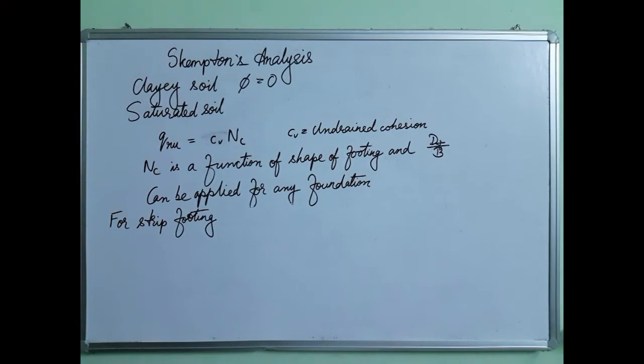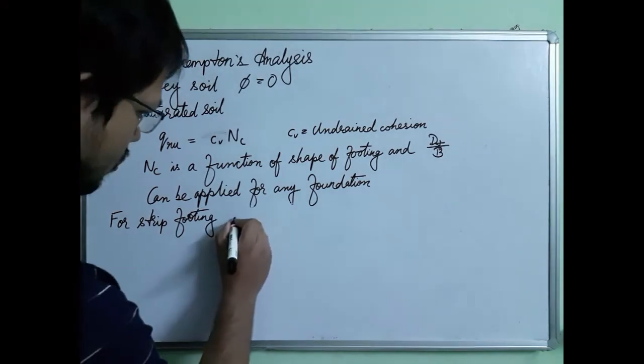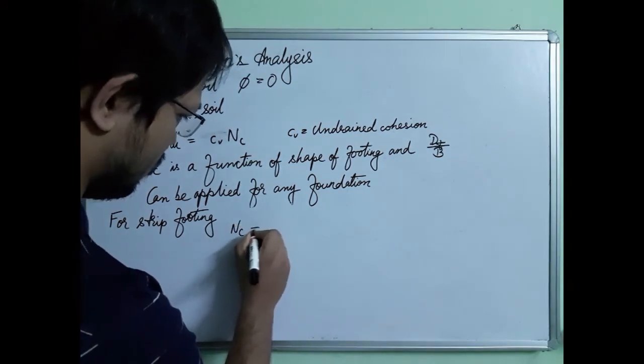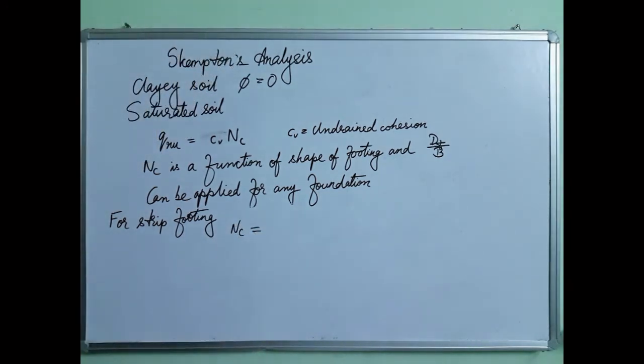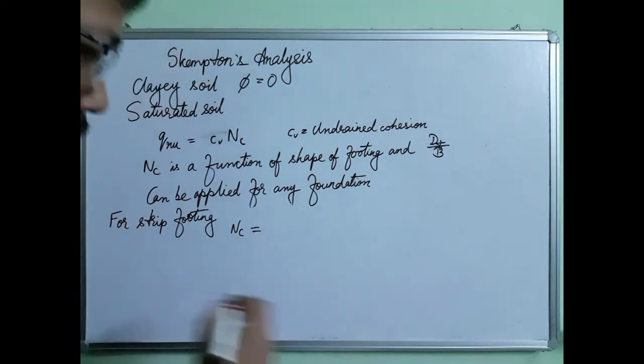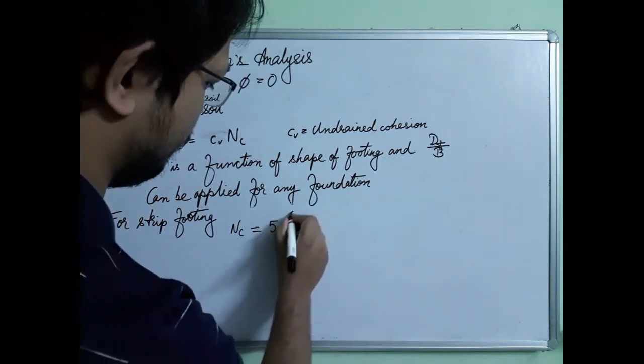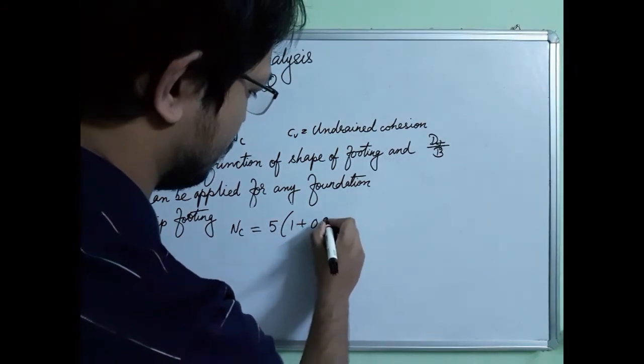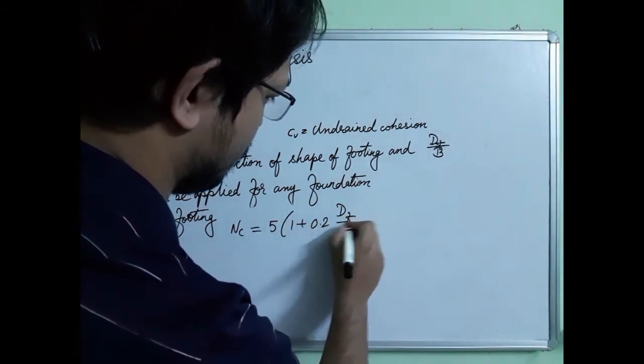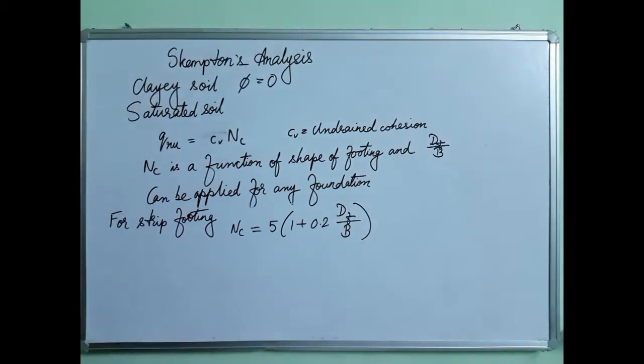For strip footing, Nc equals, sorry, not half, it is 5 times (1 plus 0.2 Df by B).